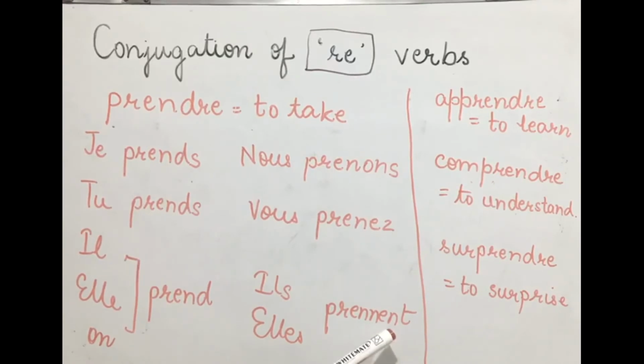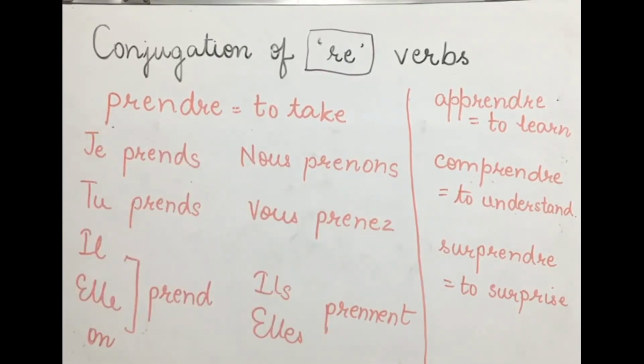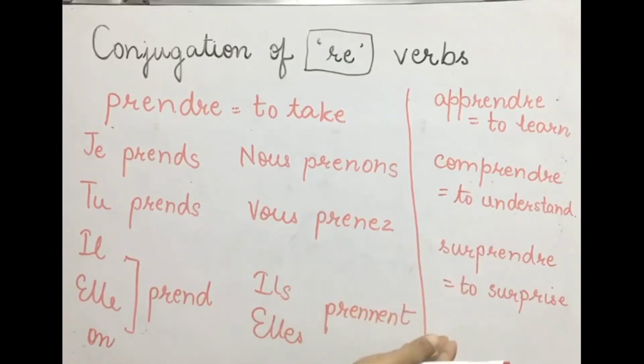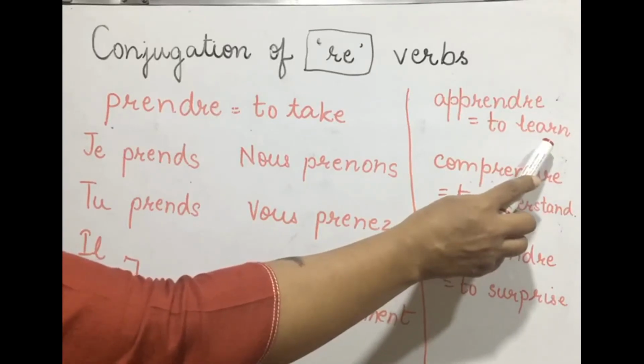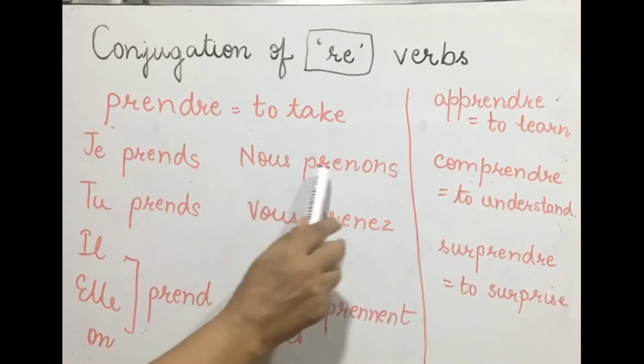Okay, I don't want to dissuade you by telling you that the irregular verbs are conjugated in a different pattern, but because verbs are important, as I am repeating again and again, once you start practicing, things start becoming easy. And when you learn the conjugation of prendre, you will automatically know the conjugation of apprendre, which means to learn. This is the name of our channel, Apprenons Le Français. Nous apprenons le français.